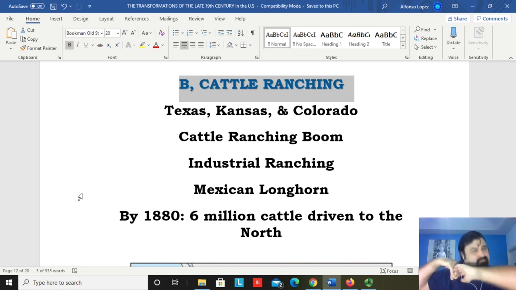There's now a growing demand for beef, so we have to mass produce it. In other words, we need industrial technologies and techniques. We need to transform cattle ranching into a factory, like a large industry, to mass produce, to generate as many cattle every given year, because of course there's wealth involved there.